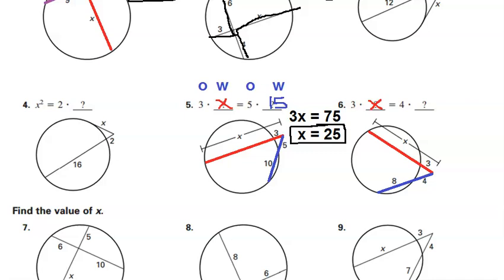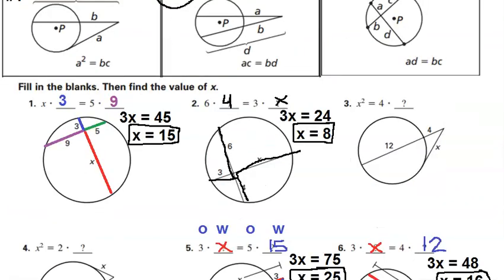The whole thing, you've got a 4 and an 8, so the whole thing would be 12. So now you set up the equation. 3x equals 4 times 12 is 48, so x equals 16.